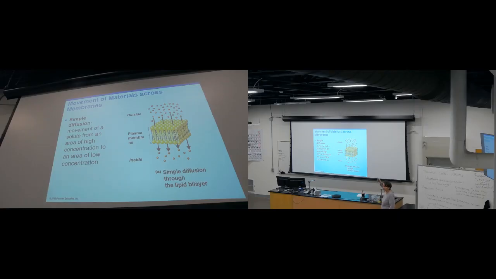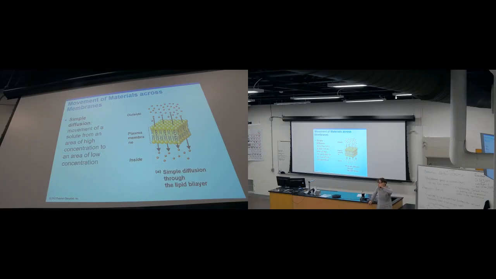So the molecules will move from 35 to 11. And in this case it will be until you reach an equilibrium. 35 plus 11 will be 46, right? What is 46 divided by 2? 23.